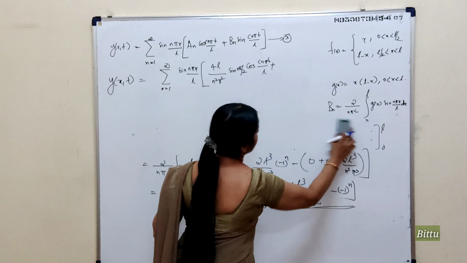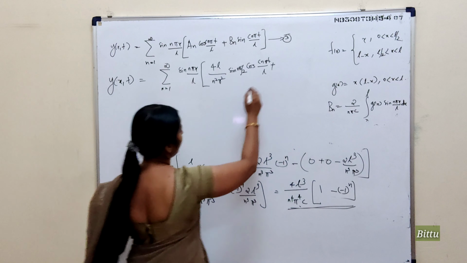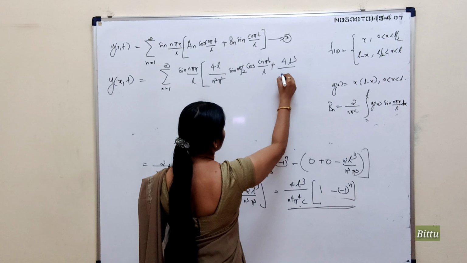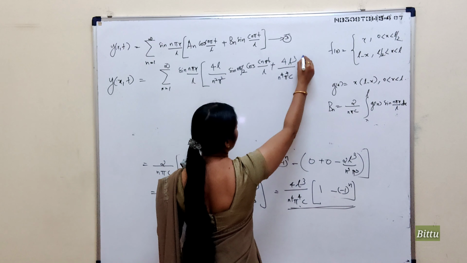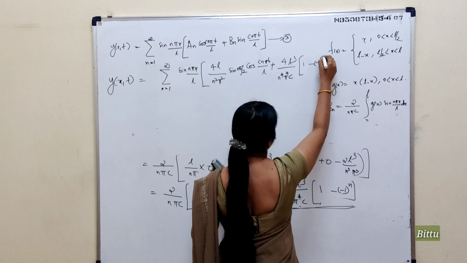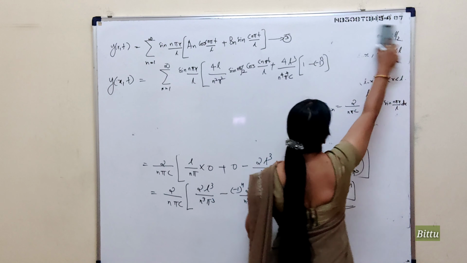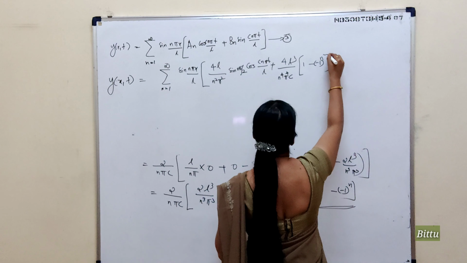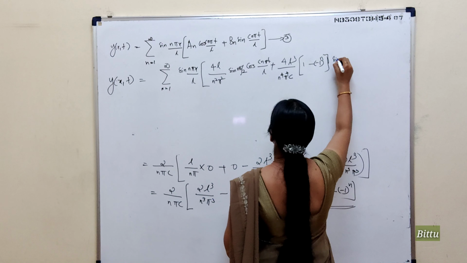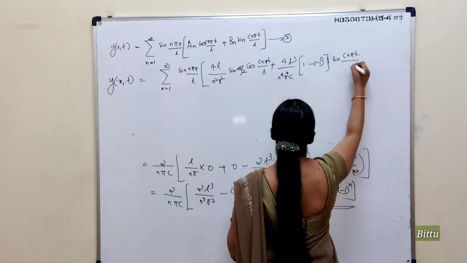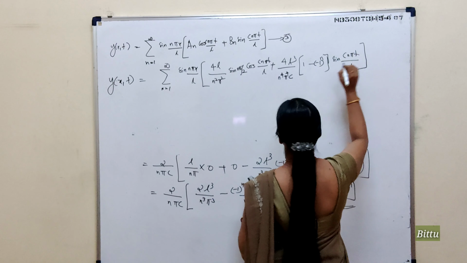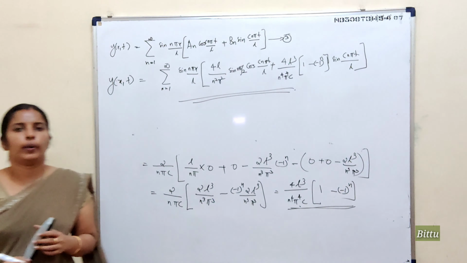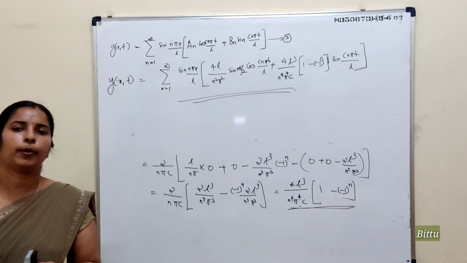Our Bn is 4L cube by n raised to 4 pi raised to 4 c into 1 minus 1 raised to n, into sin c n pi t by L. See, this is the required displacement at any point on the string.